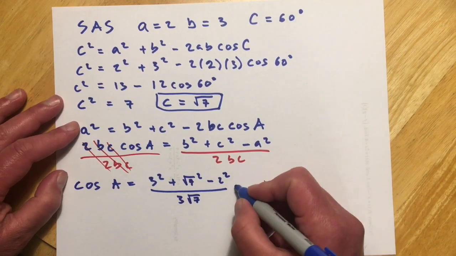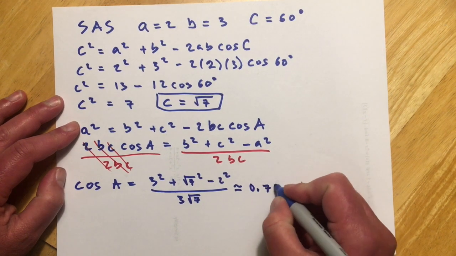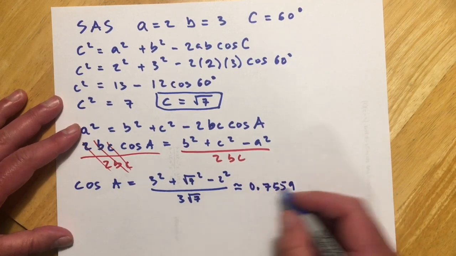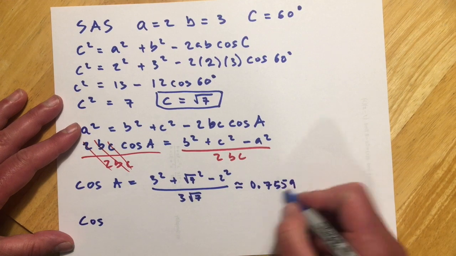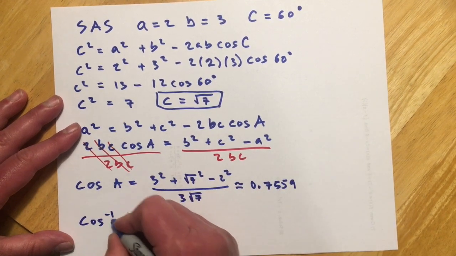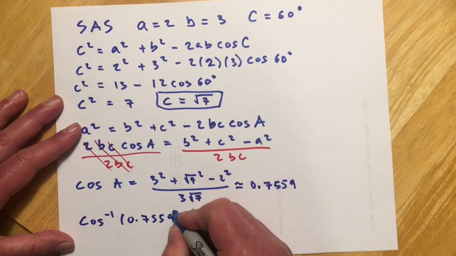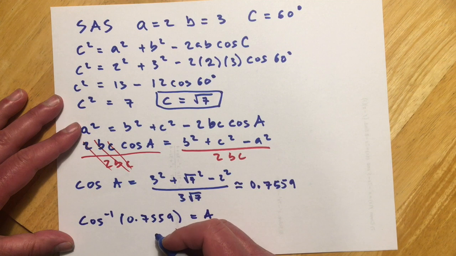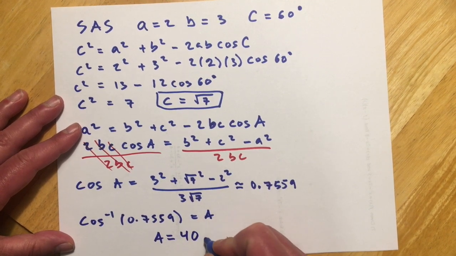I put all that in the calculator and got about 0.7559. Then I did inverse cosine, because I know the ratio and need the angle, and that gave me A as about 40.9.